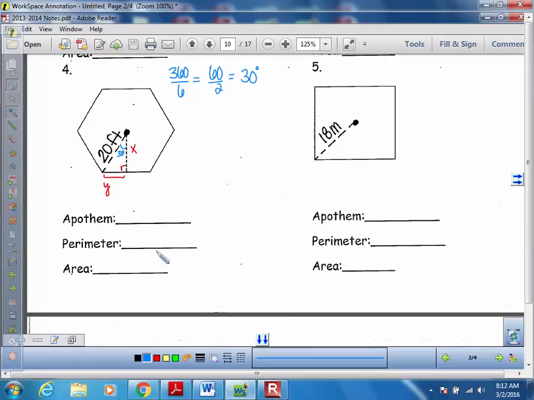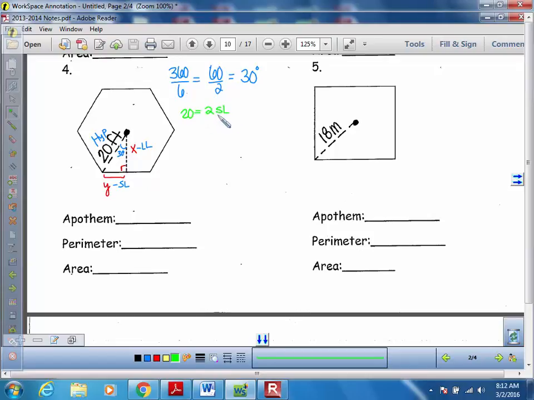I know that y is going to be my short leg, and x is going to be my long leg, and I'm given my hypotenuse. So we're going to use the hypotenuse to find the long leg and the short leg. So first, I know that my hypotenuse, which is 20, is equal to 2 times my short leg.